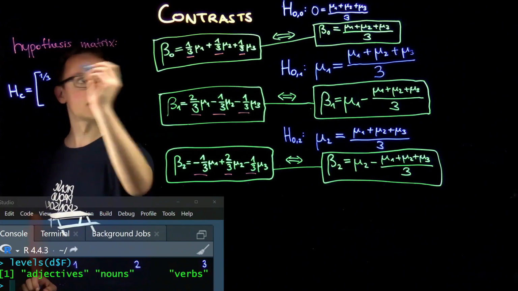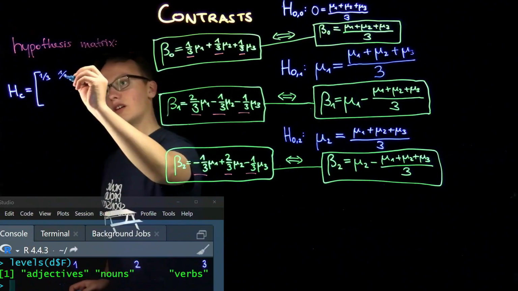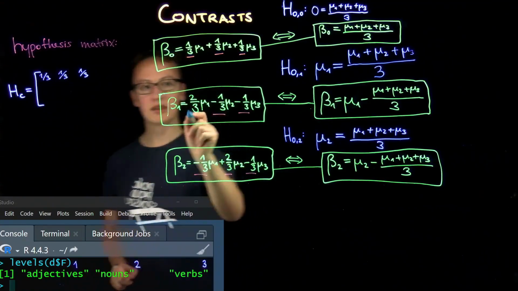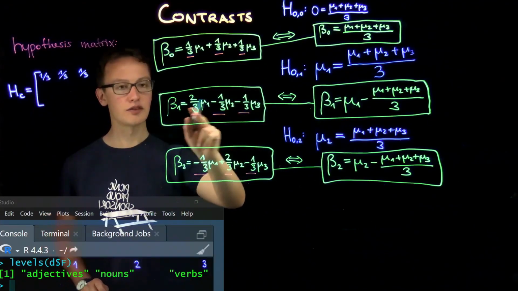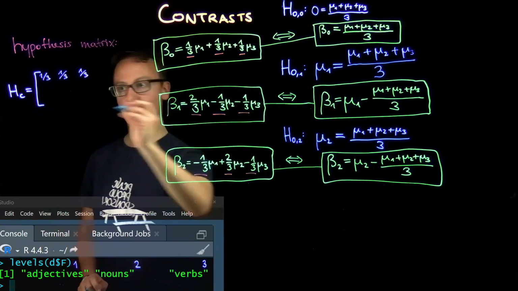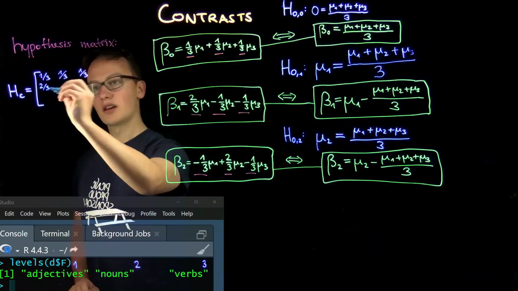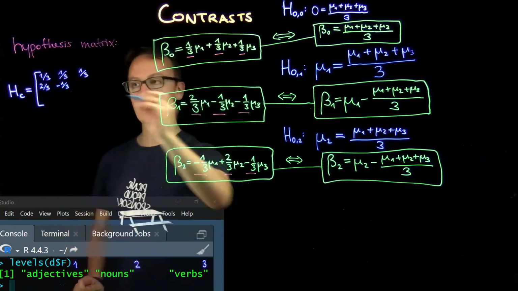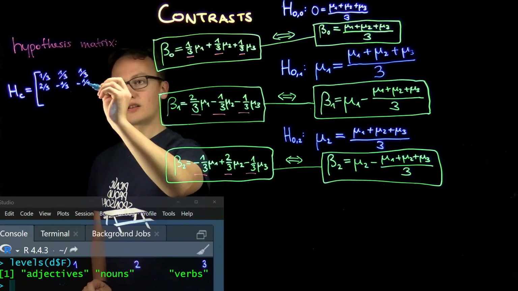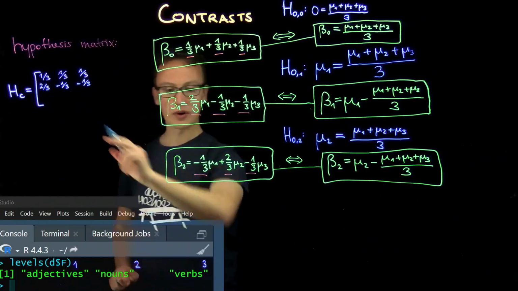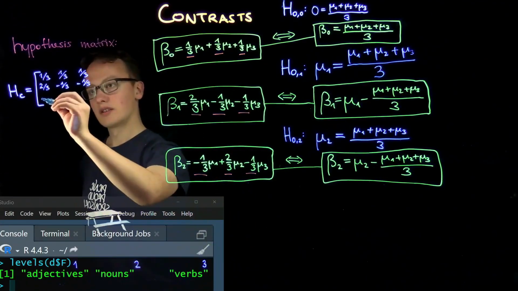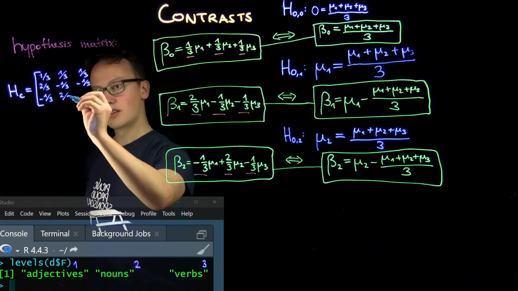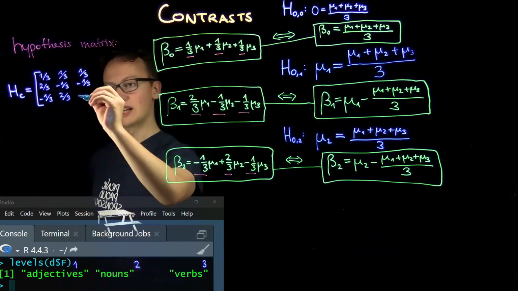So 1/3, 1/3, and 1/3. In the second row, I'll have the values corresponding to this first slope, beta 1, so 2/3, minus 1/3, and again minus 1/3. And in the third row, I will have minus 1/3, 2/3, and again minus 1/3.